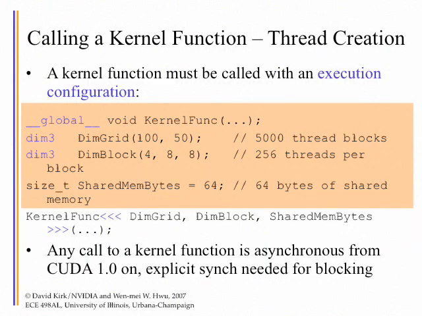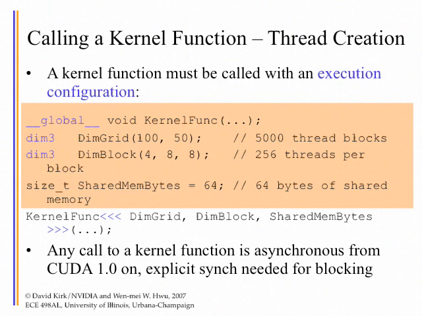Now, let's go into action here. When you have a function that operates on a massive data structure, okay, you will be writing a kernel function. And then you will be calling that kernel function in the following way.